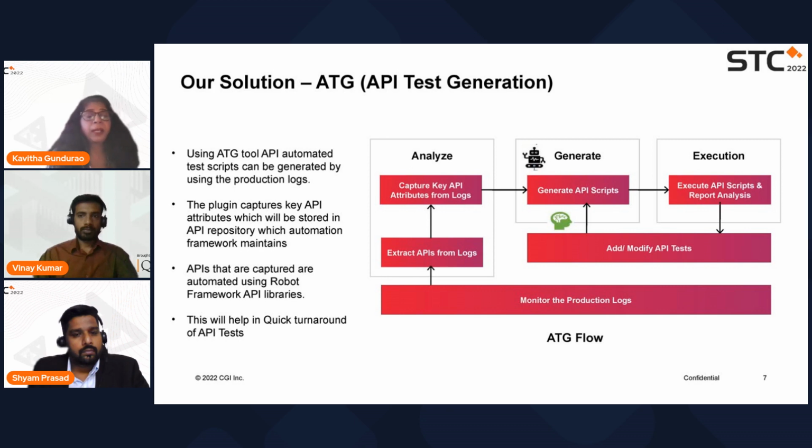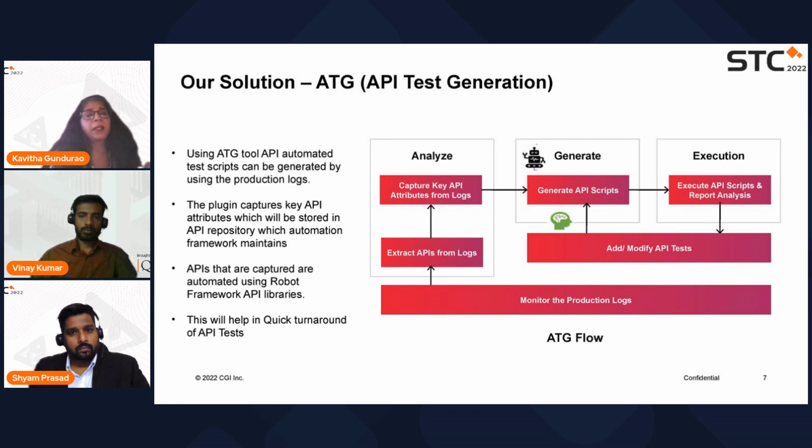We have a lot of challenges when it comes to production defects. How do we really ensure that we resolve these issues? One thought that came to our mind is: why don't we replicate the production environment? Yes, we can always do that, but do we have insight into what kind of scenarios are actually carried out by the end user in the production environment? So we started gathering these production logs.